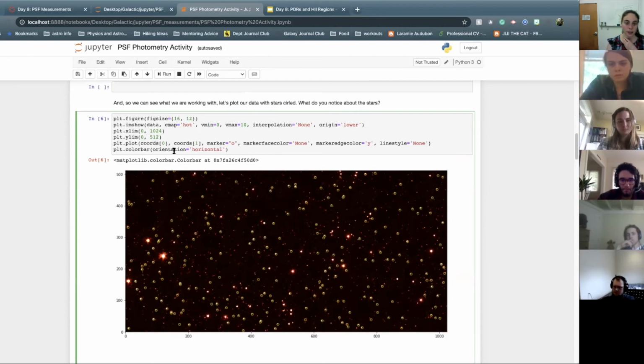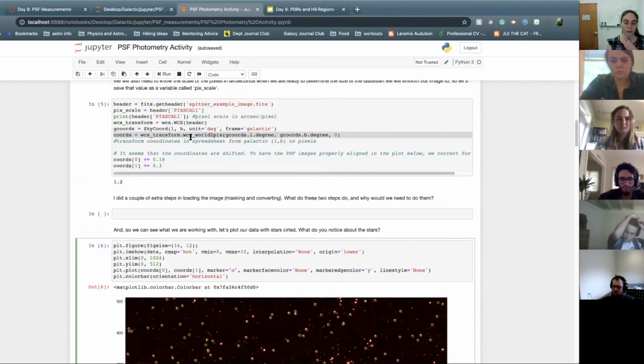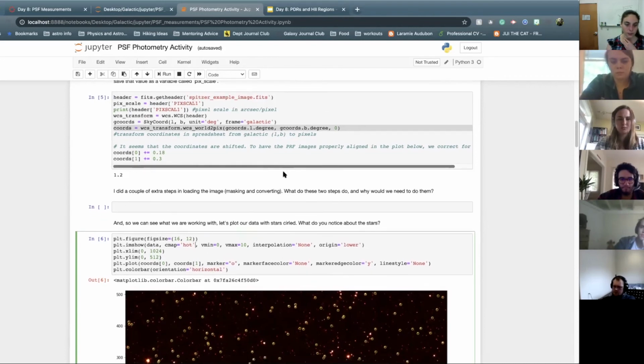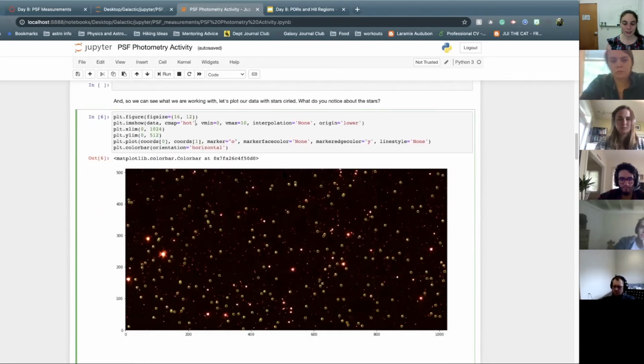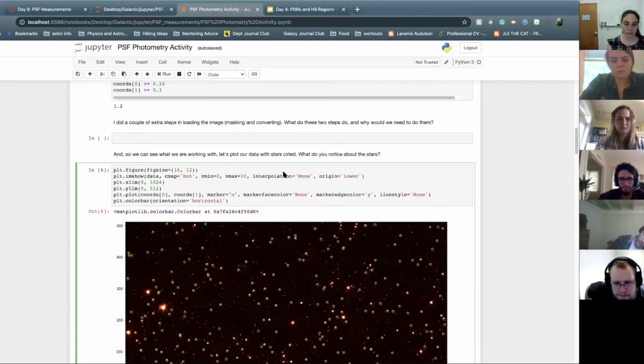So I put a circle marker centered at every X and Y position that we grabbed from that data file, and we transformed to pixel locations using our transform code. So far, still we haven't done any PSF smoothing. We've just loaded some data and saw where there are stars inside of this data file.